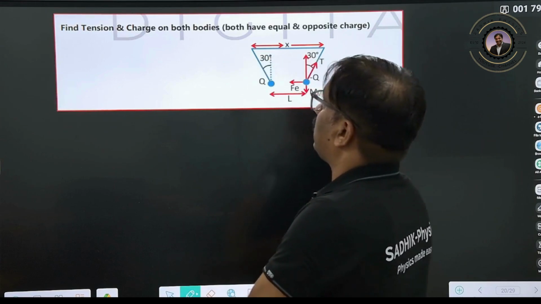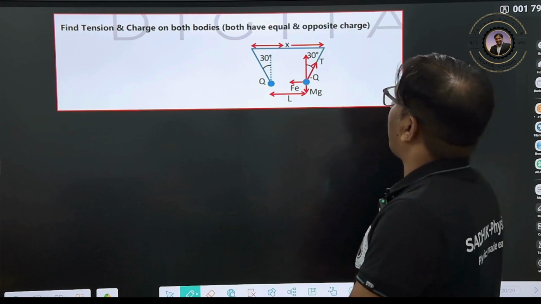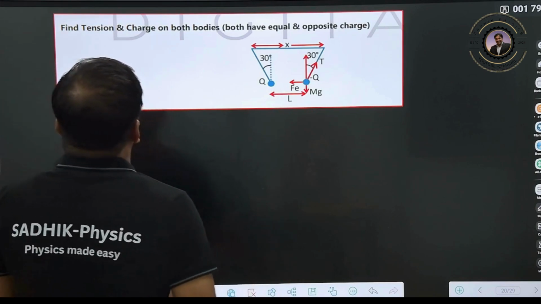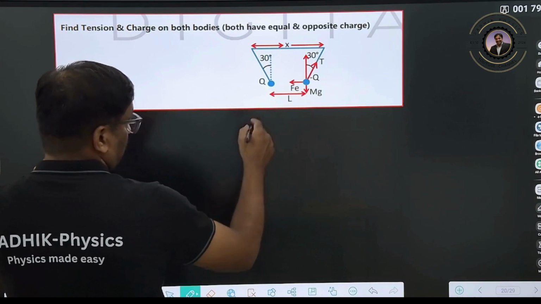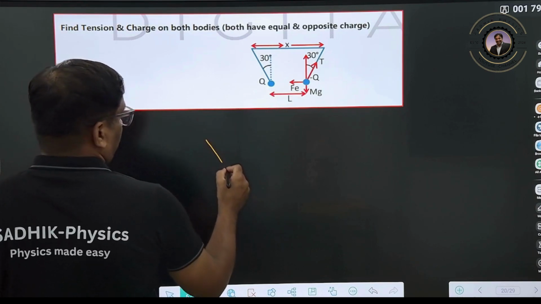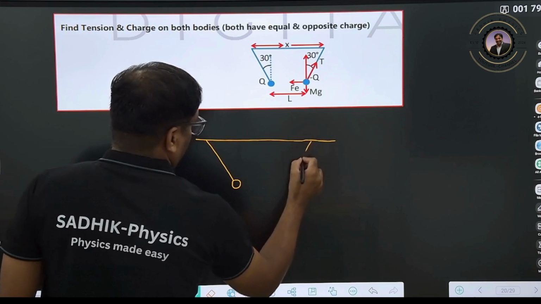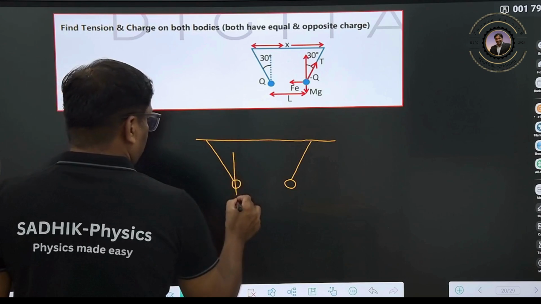Find the tension and the charge on both bodies, both have equal and opposite charges. So q we have to calculate, tension also we have to calculate. This distance is L, so you can write down the free body diagram for this. So it is making an angle of 30 degrees here now.